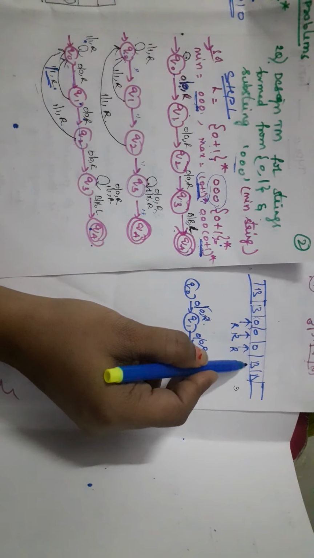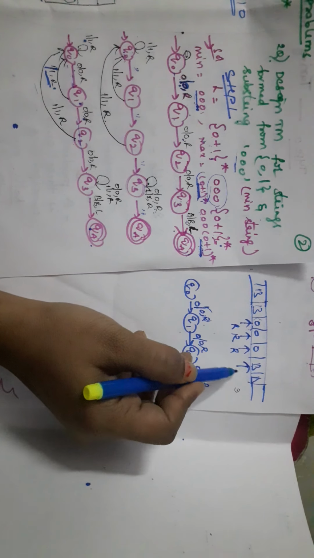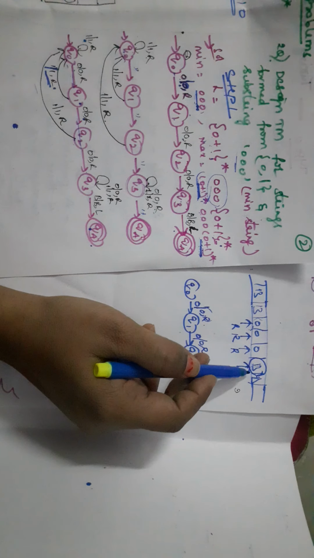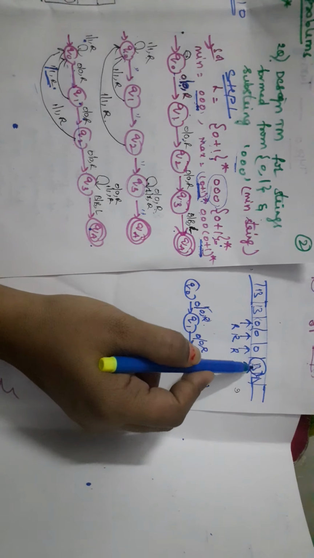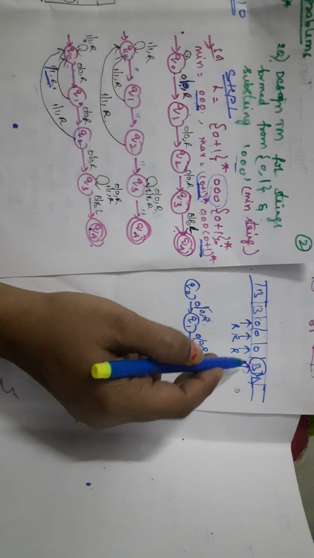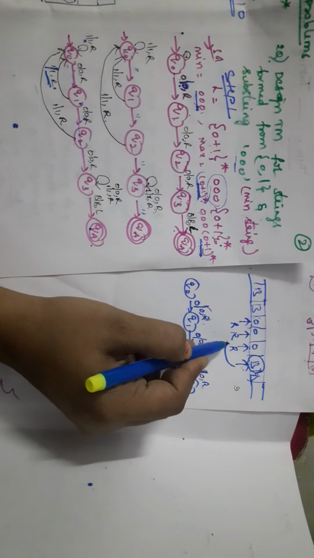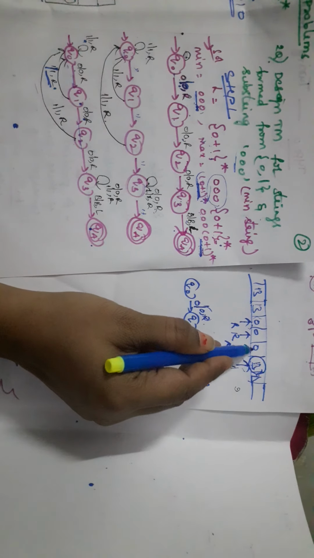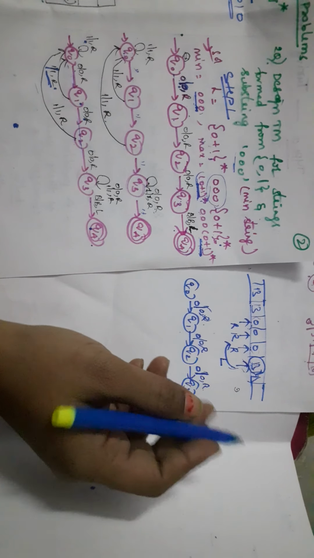After this the finite control reads blank. Whenever blank is found, it indicates that the input is completed. So whenever input is completed, the Turing machine will not halt at the blank symbol, it will halt at the last symbol of the input. The last symbol is 0, so it moves towards the left side of the input tape to get the last symbol, and then it will stop.